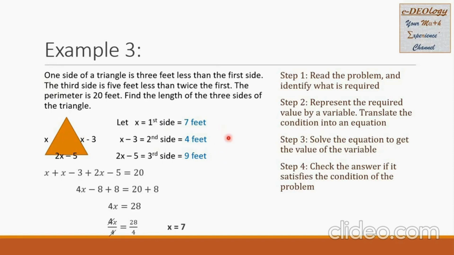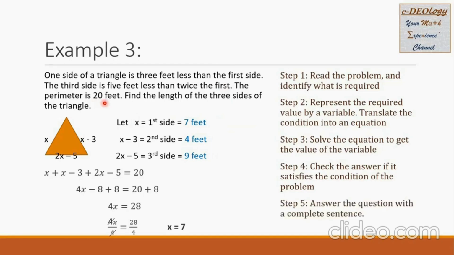So the second condition is satisfied. Next, the third condition is the perimeter is 20 feet. If I add the sides, 7 feet plus 4 feet plus 9 feet, the total is 20 feet, and the third condition is satisfied.